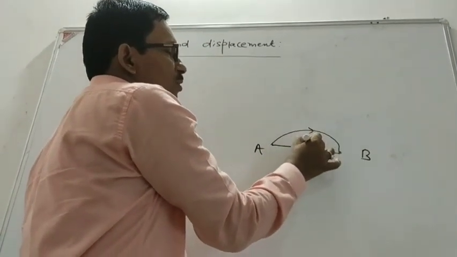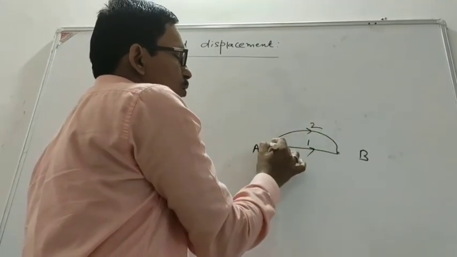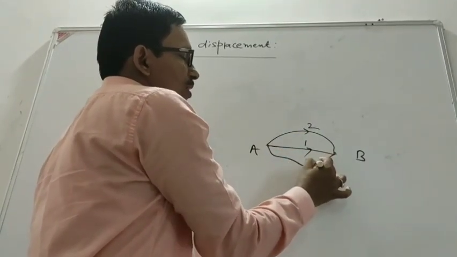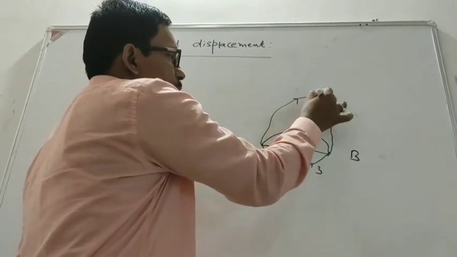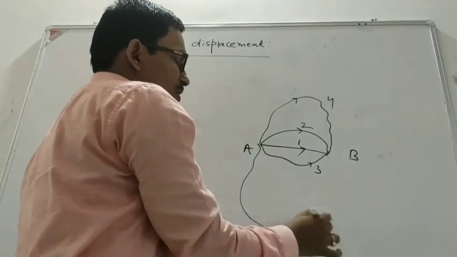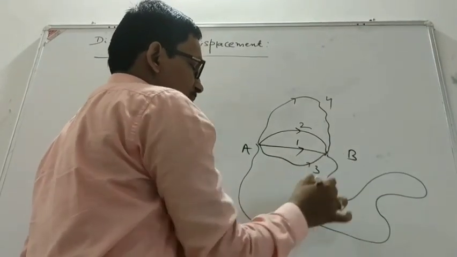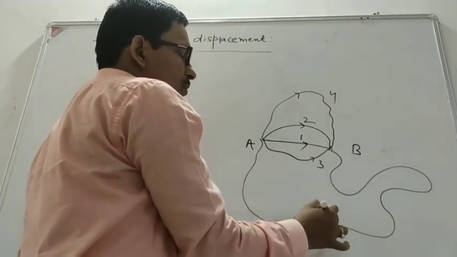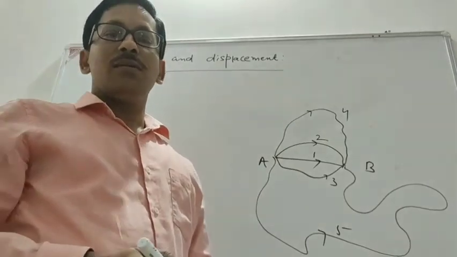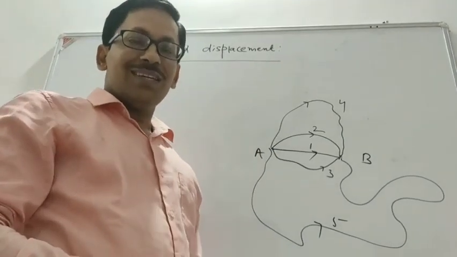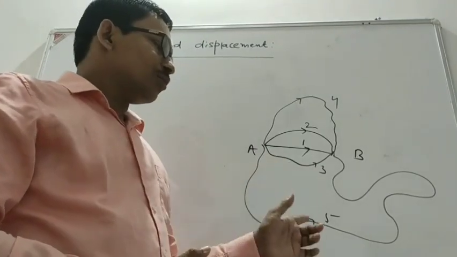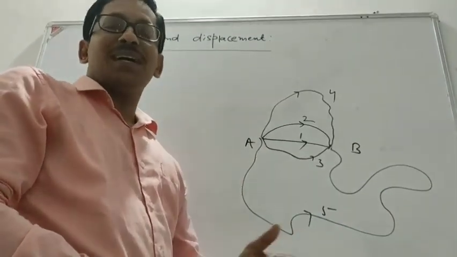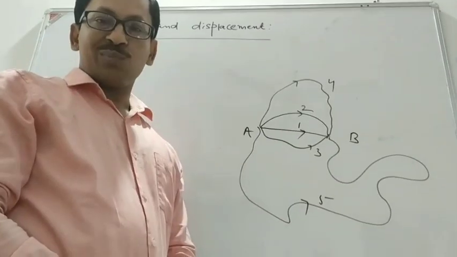Suppose this is path number 1, this is path number 2, this is path number 3, this is path number 4, this is path number 5. So, if he wants to go from A to B, he may follow any path, 1, 2, 3, 4, 5, any path may be followed.